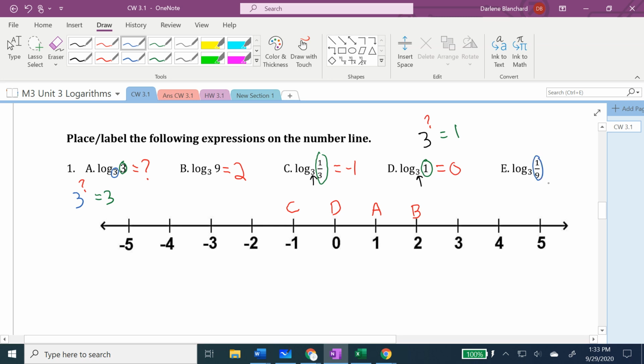Okay, 1/9 is the input on my logarithm. That means it is the output on an exponential function, and that exponential function has 3 as the base. The answer to this logarithm is, what exponent do I put on a 3 and I get a 1/9?